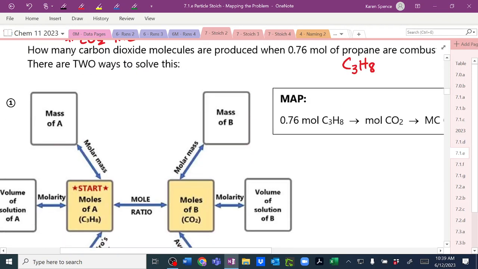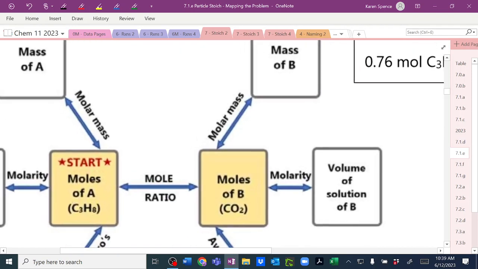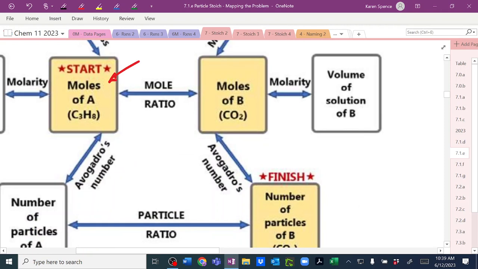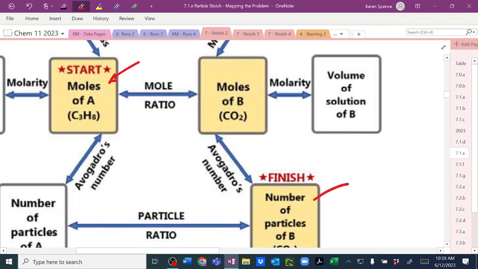So we actually don't need to find moles of A because we are given moles of A. Yes?